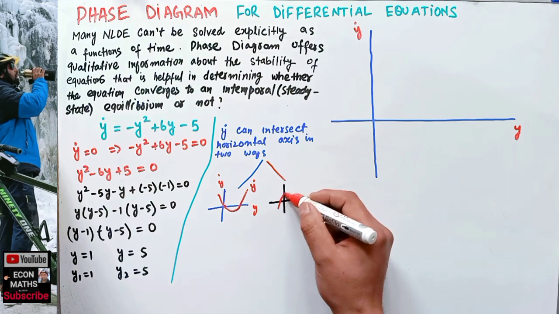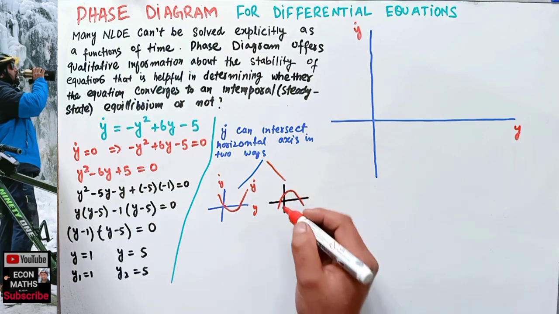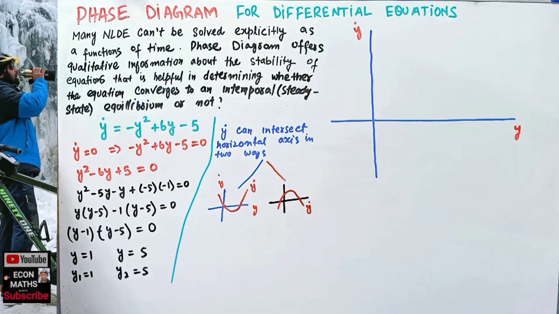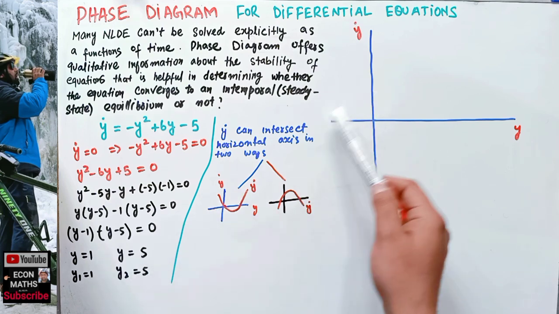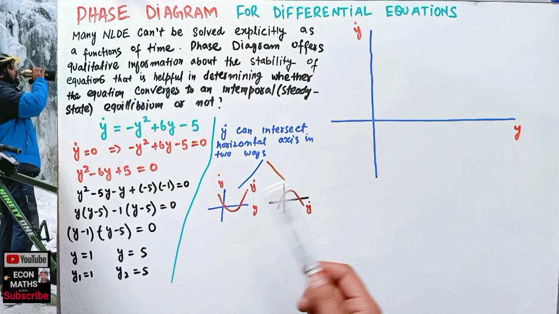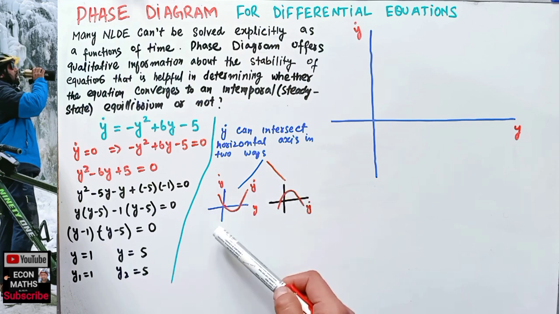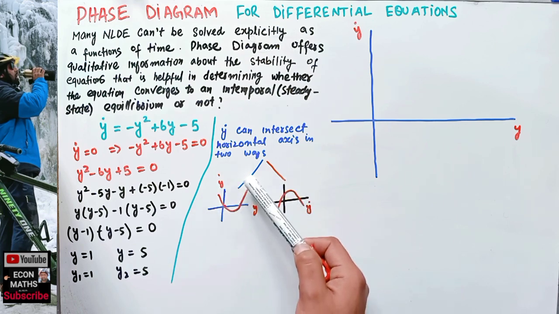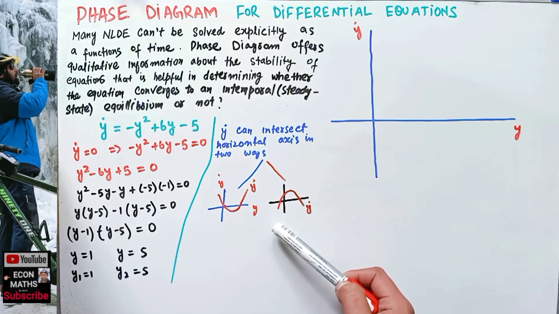So we got 2 points where y dot intersects this horizontal line, but it can intersect in two ways. Either it will be a u-shaped curve or an inverted u-shaped curve.